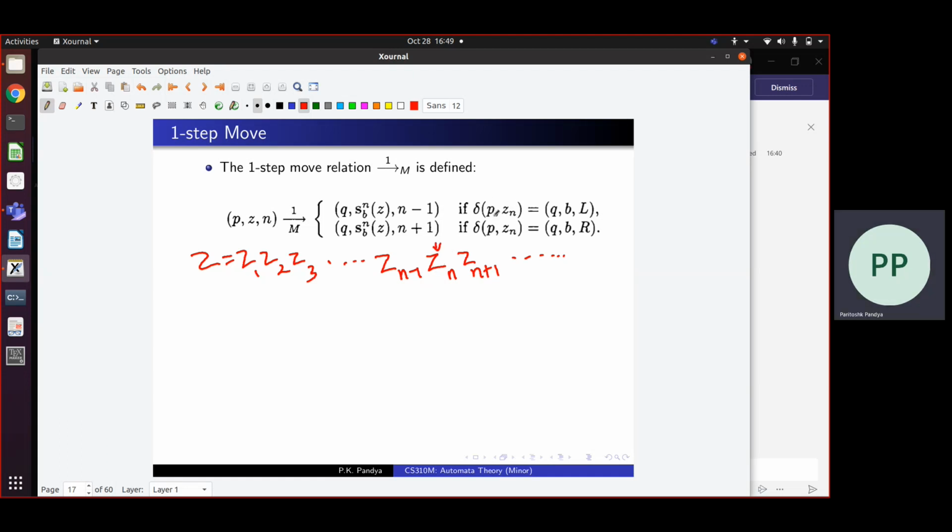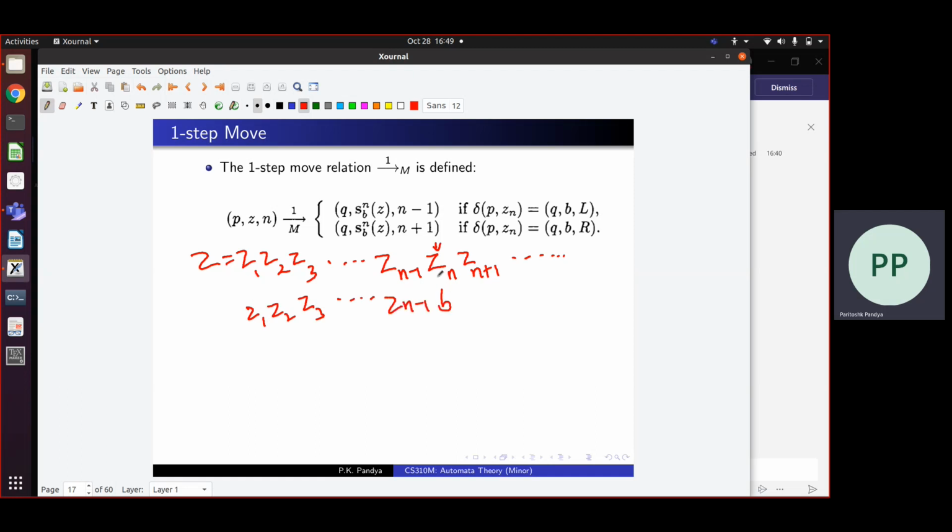If I have a transition which says from state P, which is my current state, on reading symbol Zn, which is my current symbol under the head, what will I do? I will go to state Q and I will rewrite B at this Zn position. So whatever was the symbol Zn here, I will rewrite it as B. So the new content of the tape will be Z1, Z2, Z3. All this doesn't change. Zn-1.